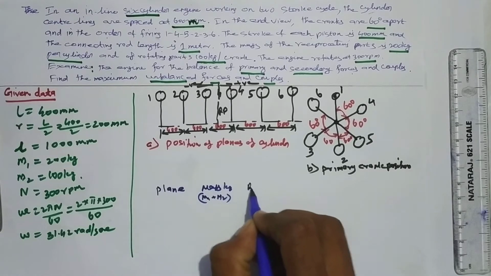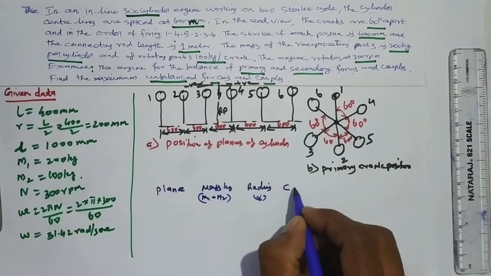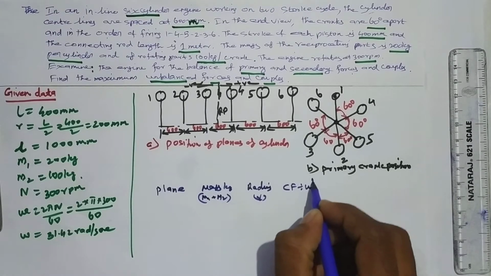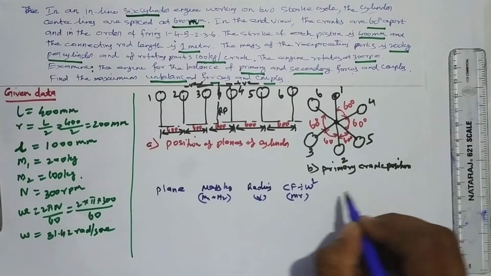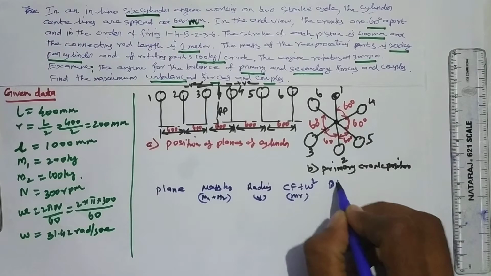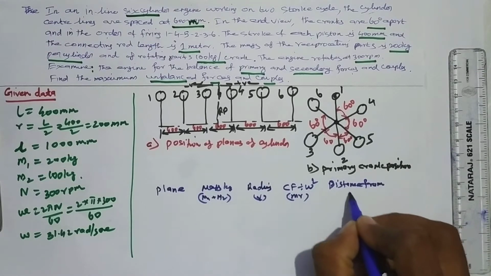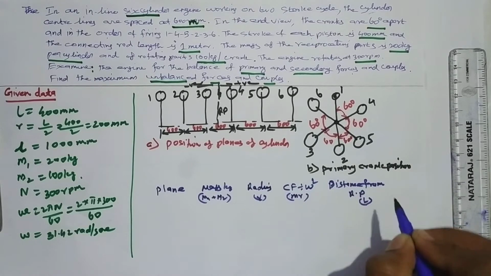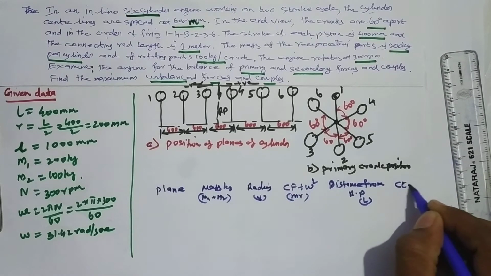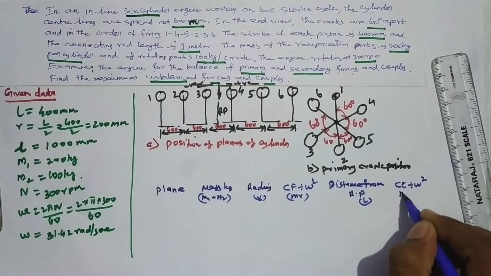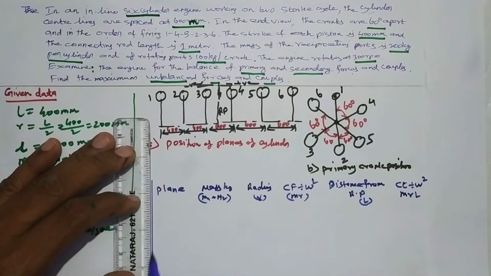Then the radius of rotation r, then the centrifugal force divided by omega square, that is m into r. Then the distance from the reference plane, L. Then the centrifugal couple divided by omega square, that is m r into L. First you should draw the table, it is very important.